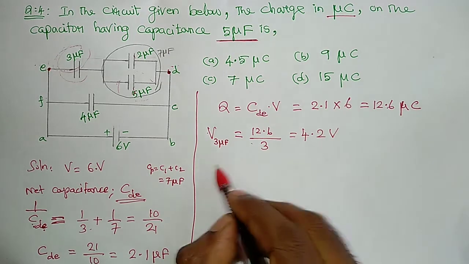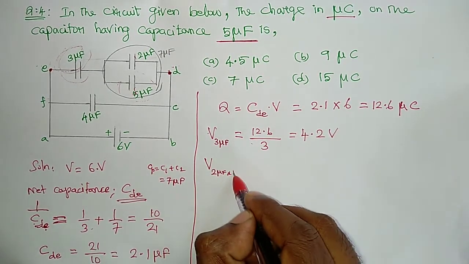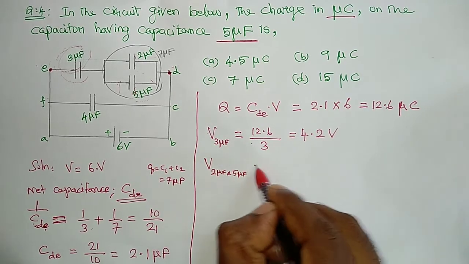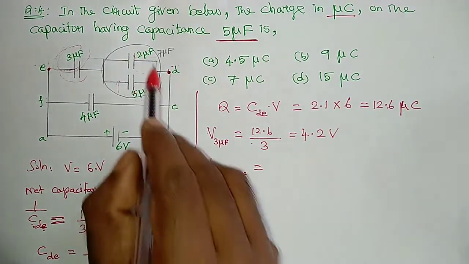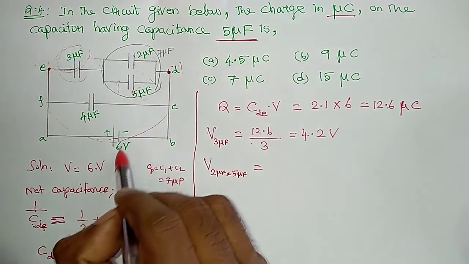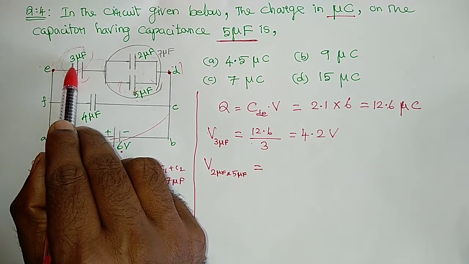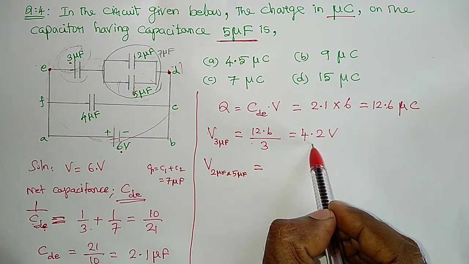Okay. So what about the potential drop across the 2 microfarad and 5 microfarad capacitors? That means what about the potential drop across this combination? Actually the total potential is 6 volt. The potential drop across the 3 microfarad capacitor is 4.2 volt.